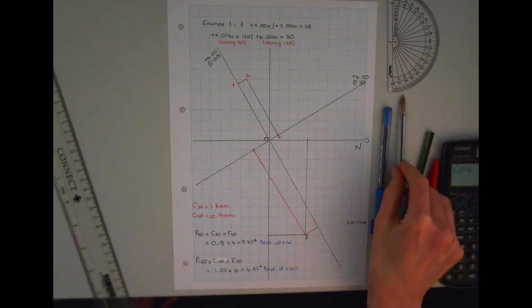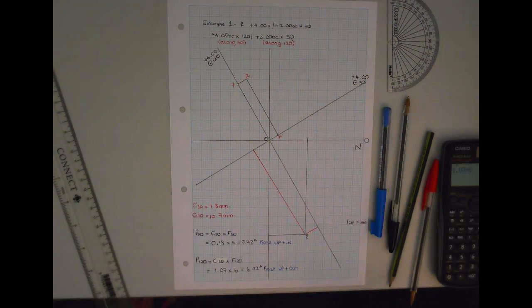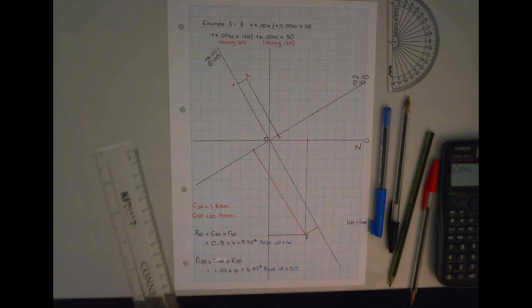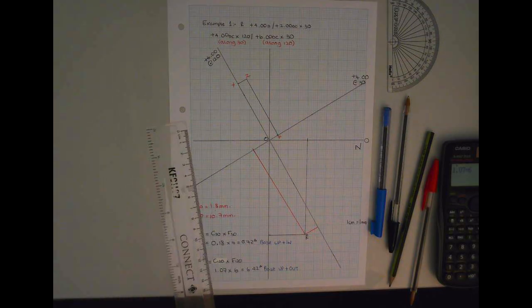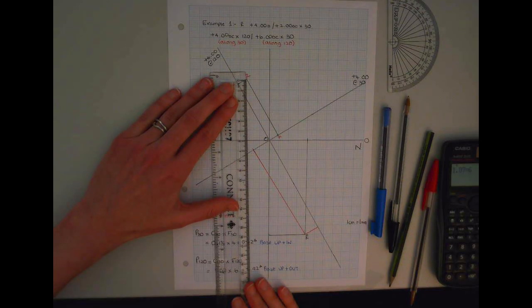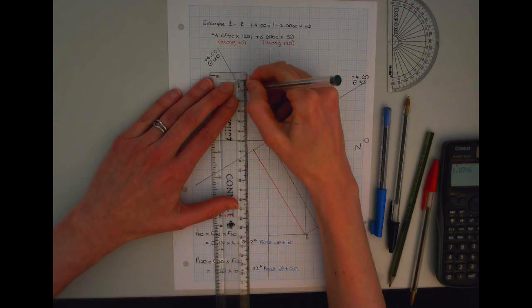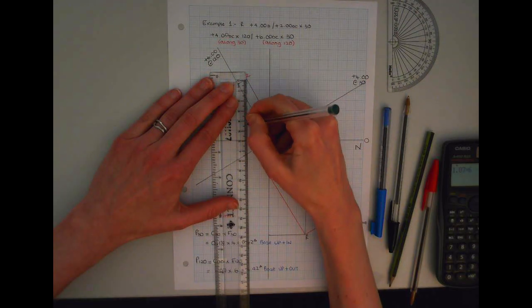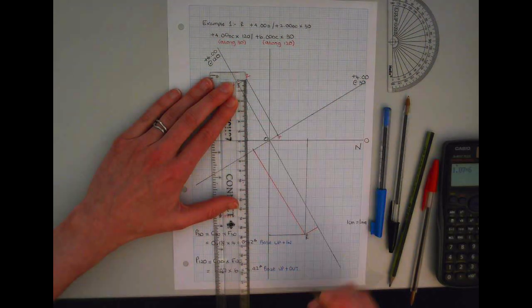What we actually need to find is the prismatic effect in the vertical meridian and the prismatic effect in the horizontal meridian. So to find the prismatic effect in the vertical meridian, we are going to draw a parallel line back to the original cross axis that we made, the vertical and horizontal cross.